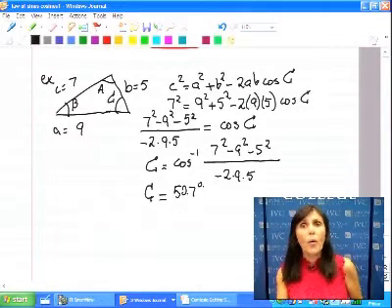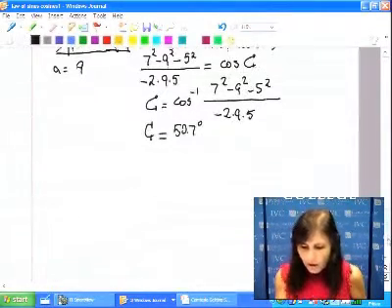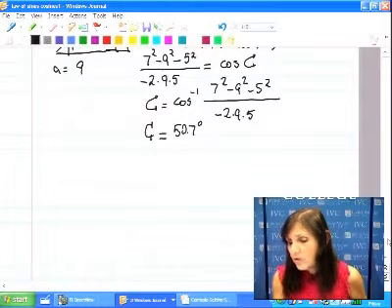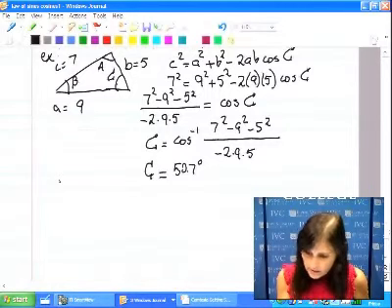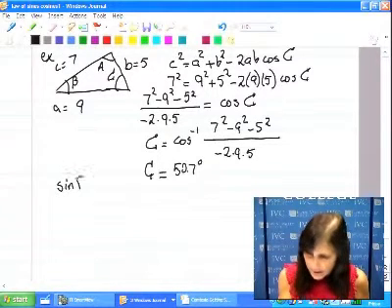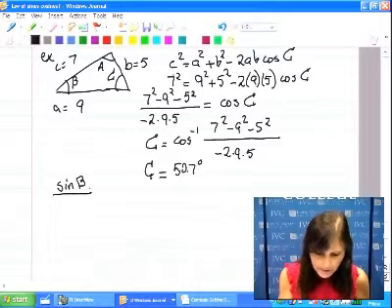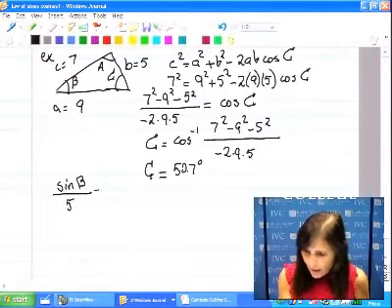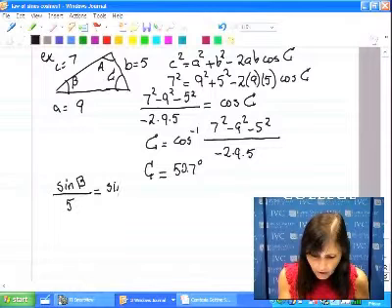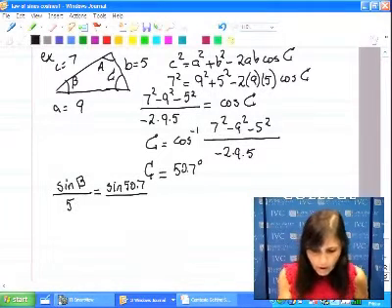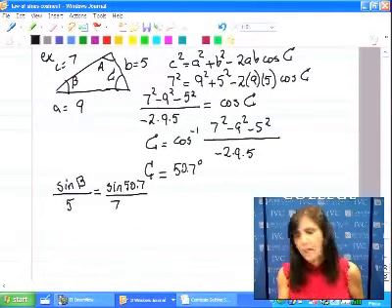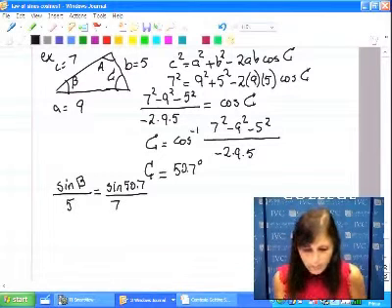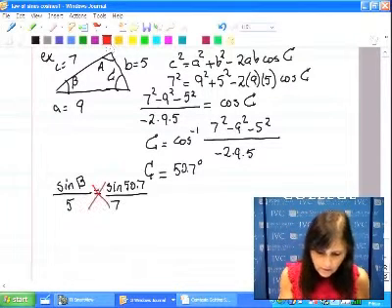Okay, you can go back to cosine law and solve the other sides, or you can use the sine law. Remember how sine law worked? Sine of B over opposite, which is 5, and that is equal to sine of 50.7 over, 50.7 was the C, over 7. And I can actually solve for the angle B that way, crisscross.